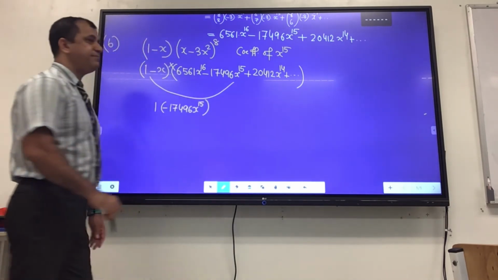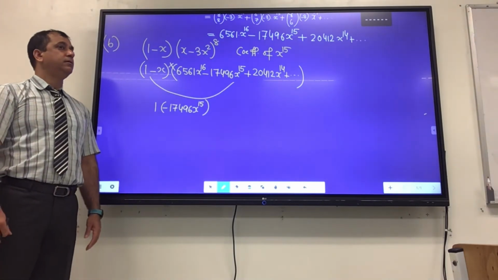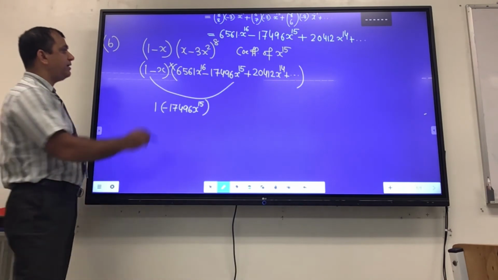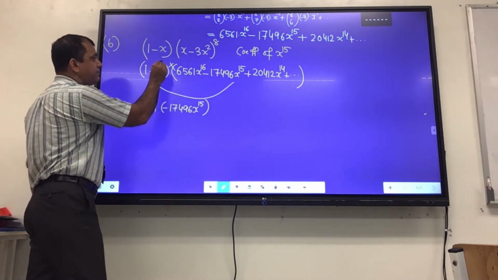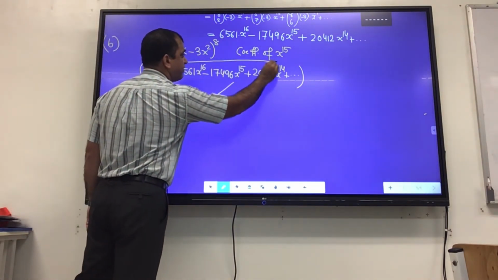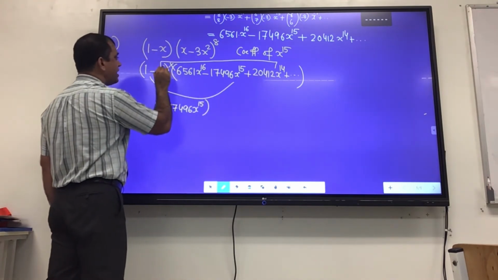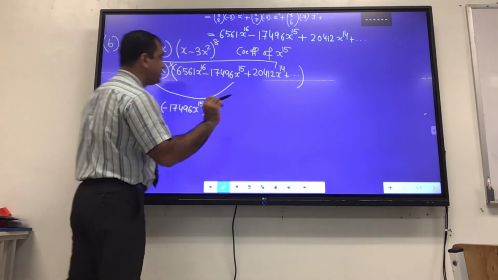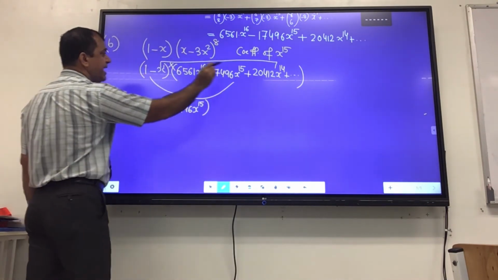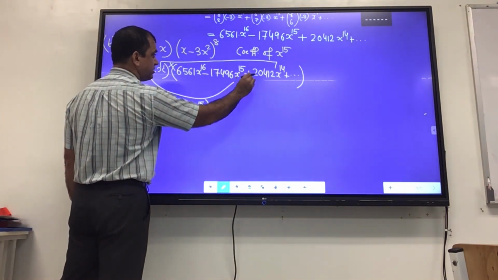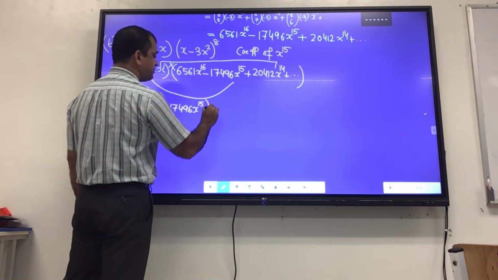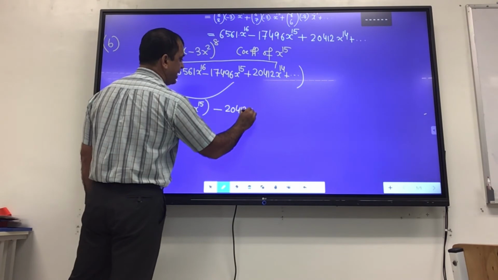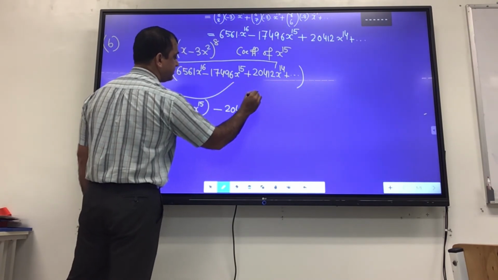What else can be? Now for x power 15, if I multiply this x term with x power 14, x to the 1 times x to the 14 will be x to the 15. So multiply: minus x times plus 20,412. Minus plus is minus, so it becomes minus 20,412 x power 15.